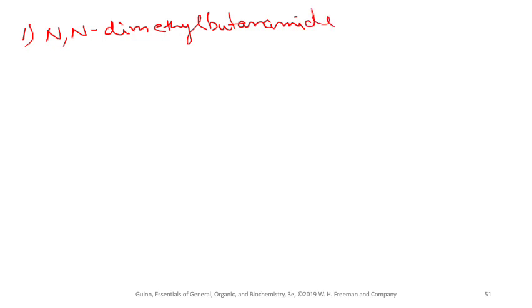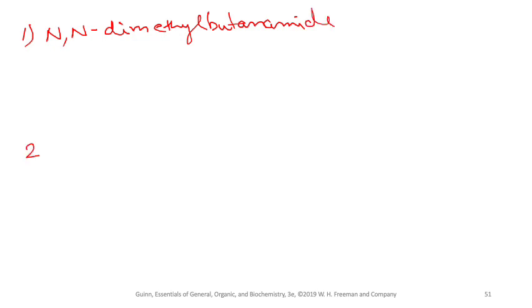So now let's do a couple of examples where I am giving you the name and you have to draw the structure for the amide molecule. Let's do the first one. The name is N,N-dimethyl butanamide.